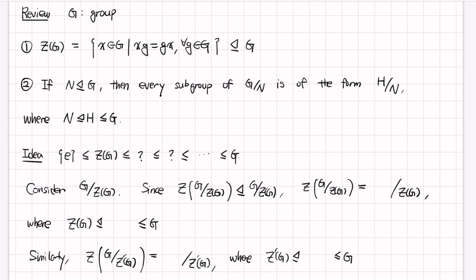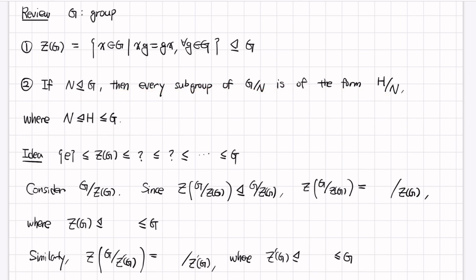So first, we are going to consider the quotient group G mod the center of G. Here we are going to consider the center of this quotient group, which is Z of G mod Z of G. Since it is a normal subgroup of the quotient group, we can think of this subgroup as a subgroup mod the center, which is from this fact number 2.